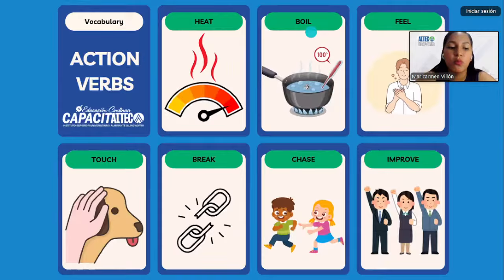Let's continue with the next one. Boil. Boil means hervir. So, mientras heat es calentar, we got boil, hervir. Feel, like sentir. We have touch. Maybe you touch, I don't know, something.